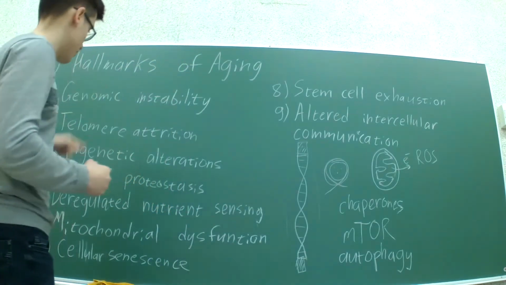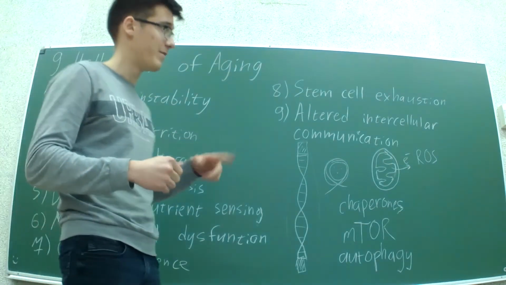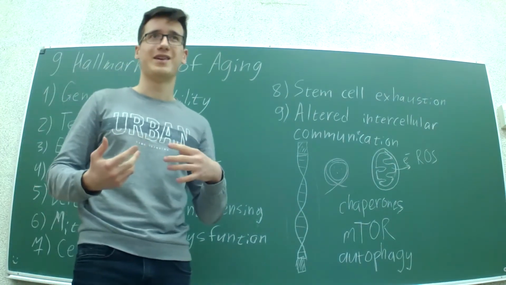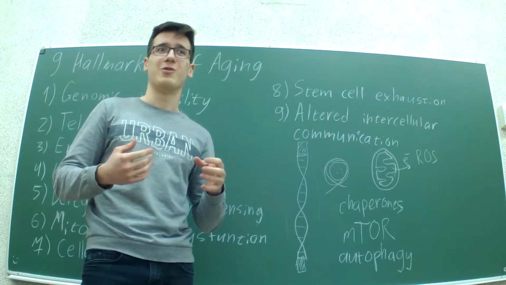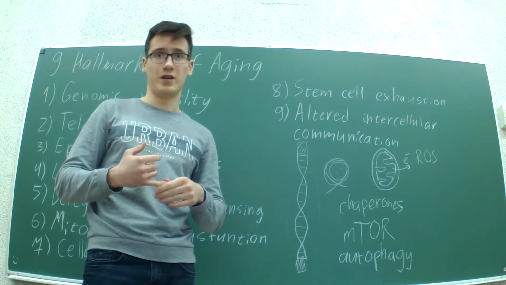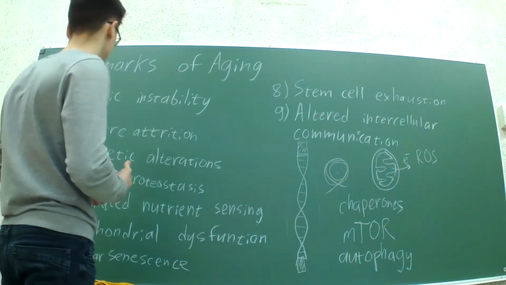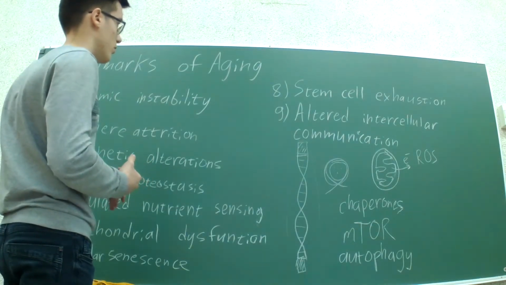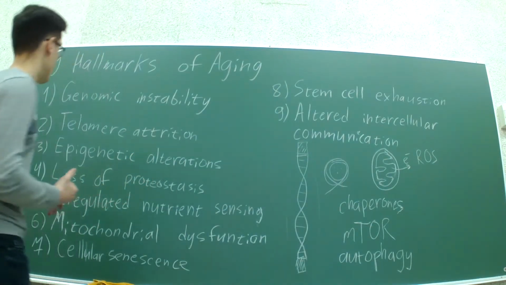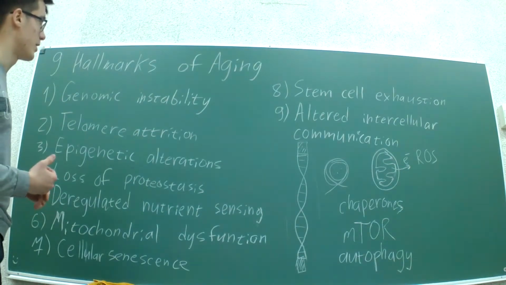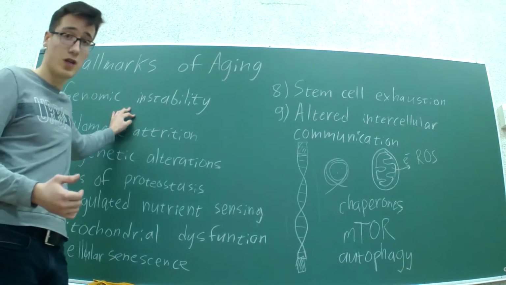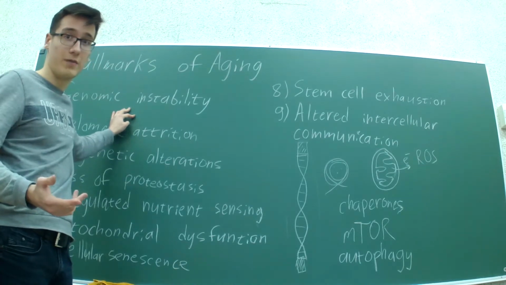Well, for each of those hallmarks, there is a method to reverse it or to ameliorate its effects. Let's go through the whole list. Well, genomic instability. We can just locate the cells with mutations and eliminate them, right? In theory.